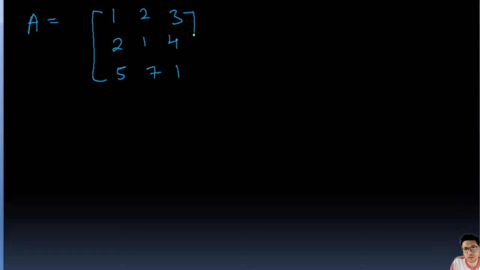I'll explain now by giving an example. Suppose A is given as 1 2 3, 2 1 4, and 5 7 1.